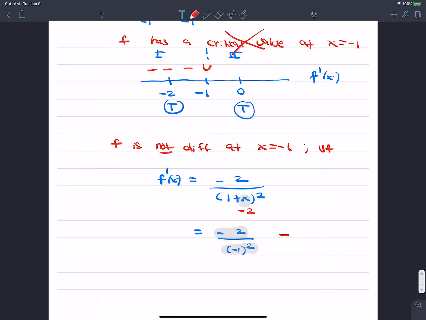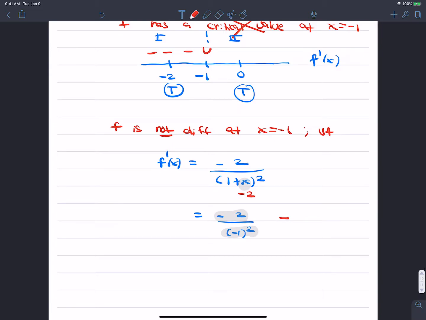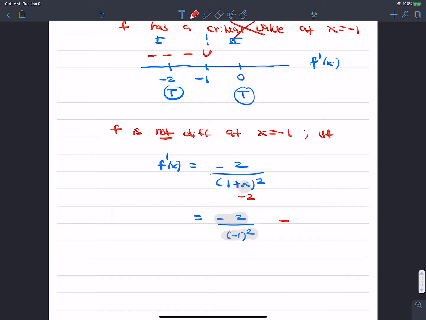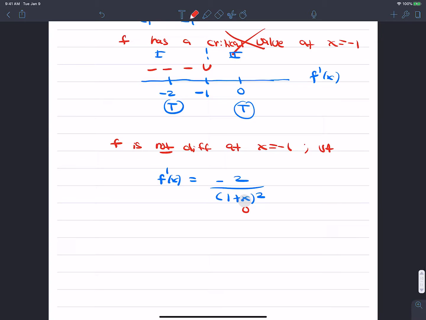Similarly, now, after we checked the test point of -2, let's test 0 here. So I'm going to plug in a 0 for x. And notice, what do I get if I plug in a 0 here?